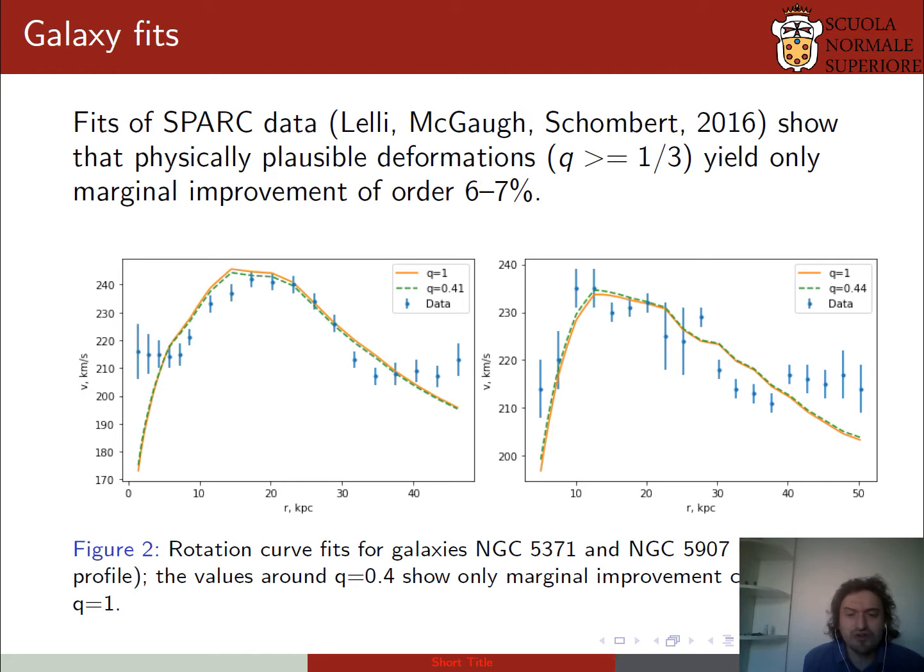For example, for the two galaxies NGC 5371 and NGC 5907, you can see that if we take the deformation to be physically plausible, with the axis ratio no more than 2 or 3, one can see only a slight improvement in fit quality.